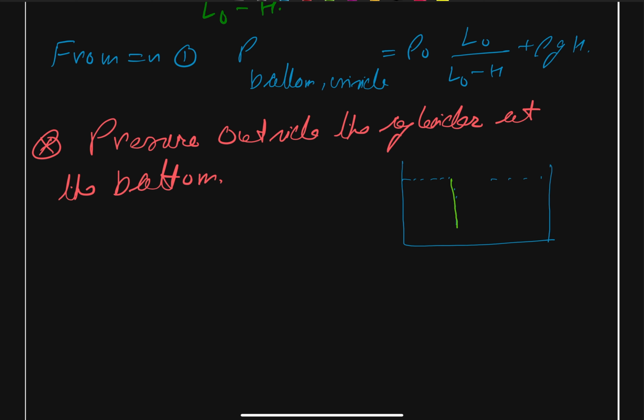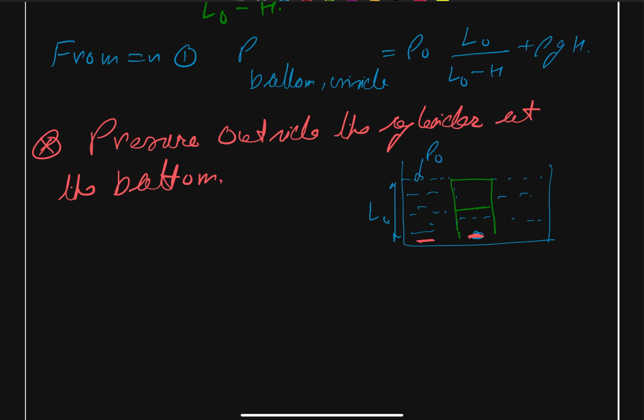So this is a cylinder, and this cylinder was having water up till this, but outside the cylinder the water is up to the height of L naught, and we are going to have atmospheric pressure also. From the inside we found out, and now we are going to find out the outside part.